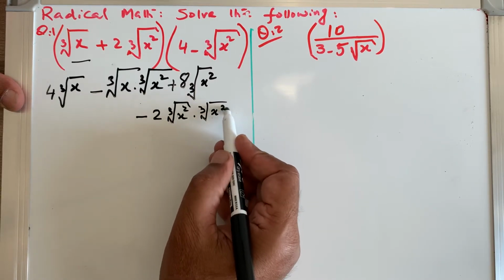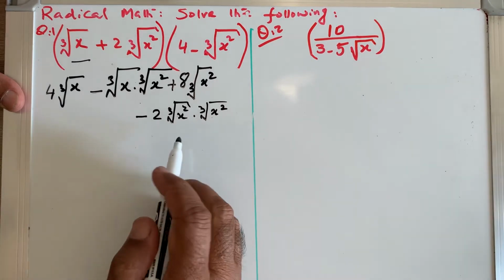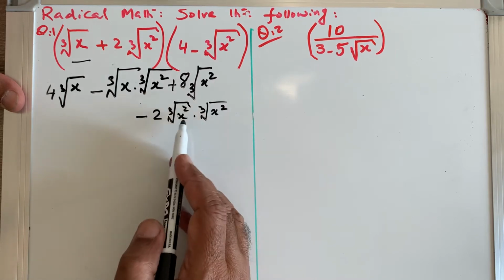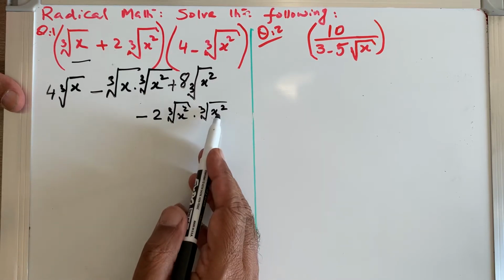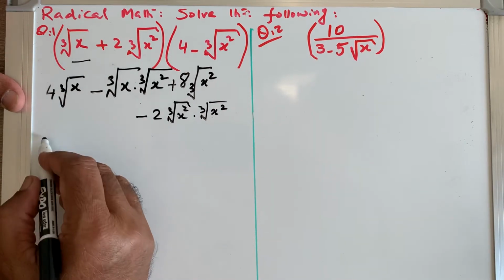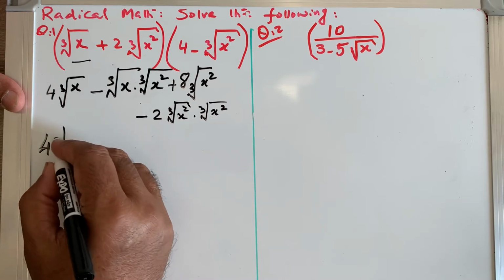Again we can apply the rule here because we have the same index and the same radicand, so we will make it x power 4 definitely, and we do the addition. So 4 is outside, so we have 4 cube root of x remaining.